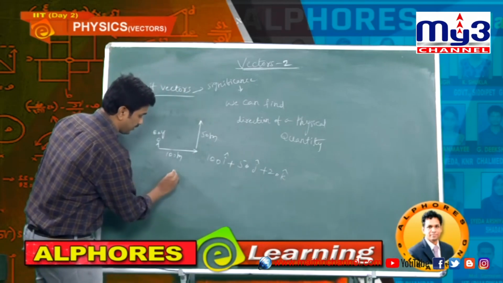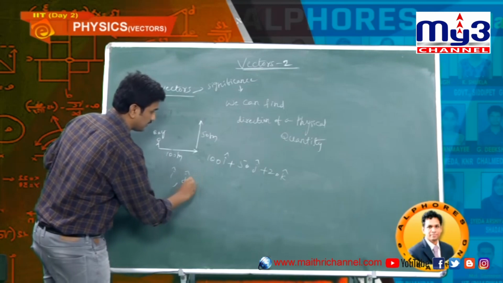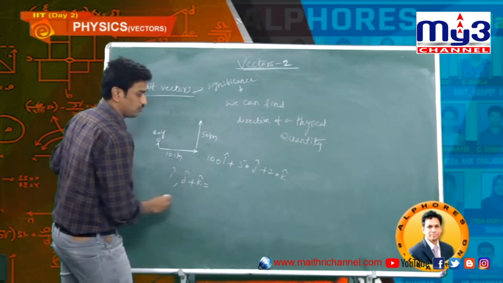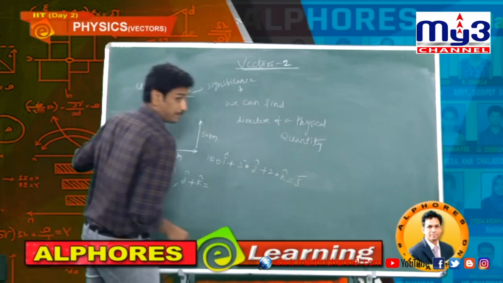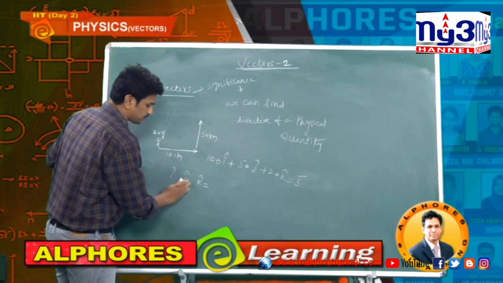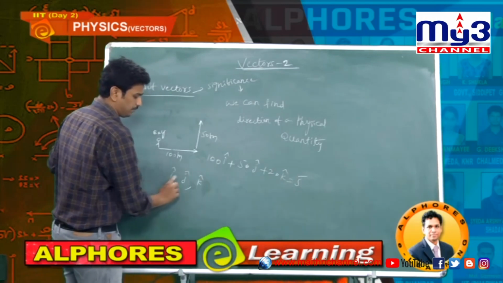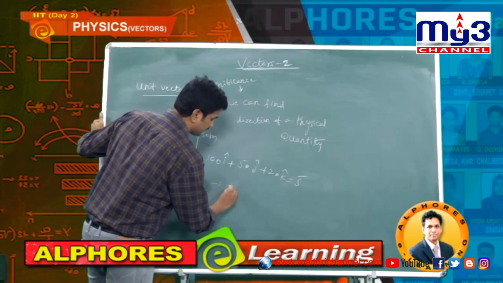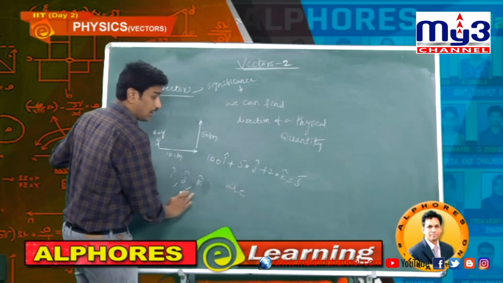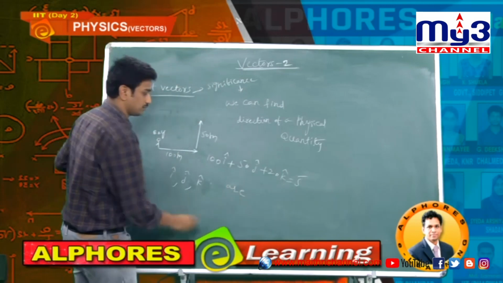So now I will write here I cap, J cap, K cap. So here it is the total displacement vector. I cap, J cap, K cap are orthogonal unit vectors.